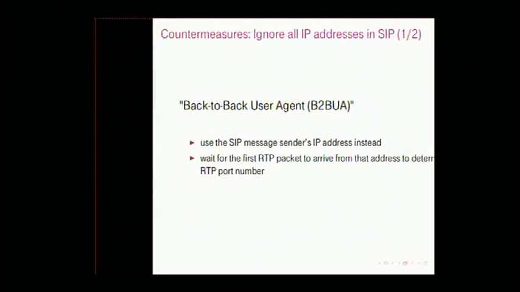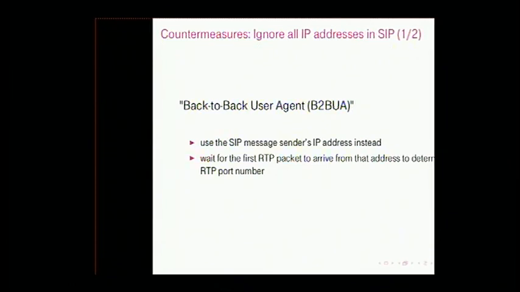You can simply ignore all IP addresses in SIP. SIP providers do this very often. You have an entity called a back-to-back user agent, which simply replaces all IP addresses inside the SIP message with the IP address of the SIP message itself.